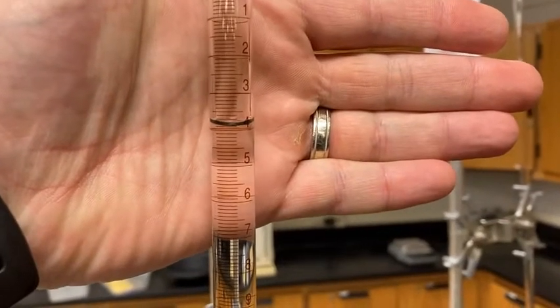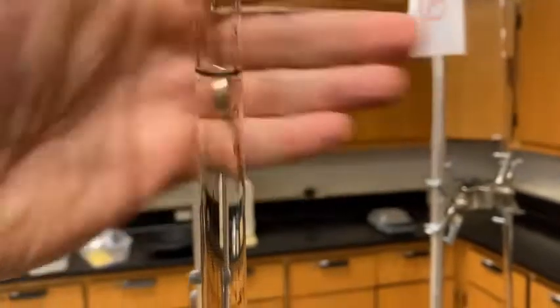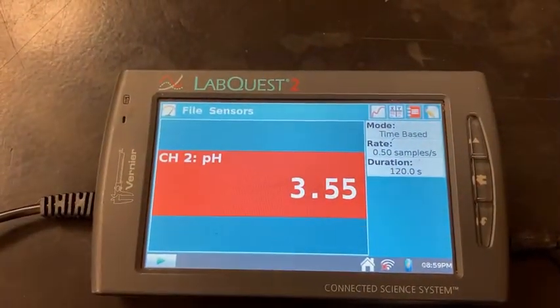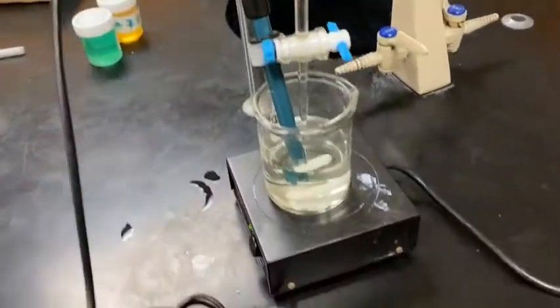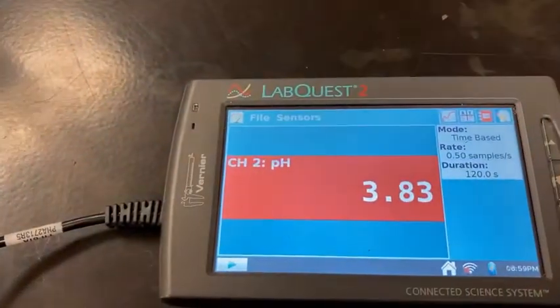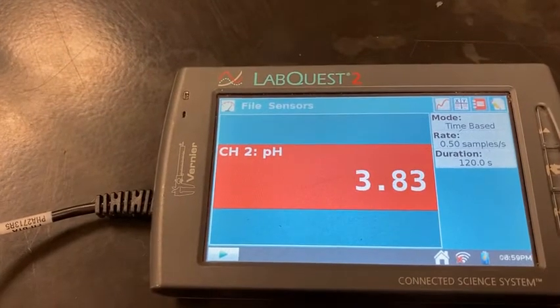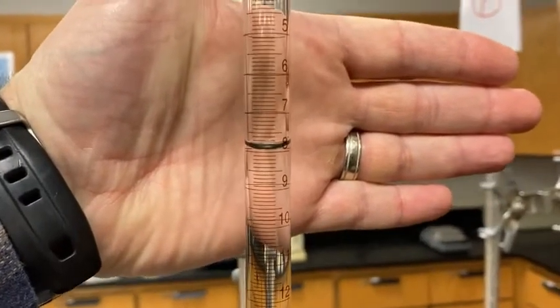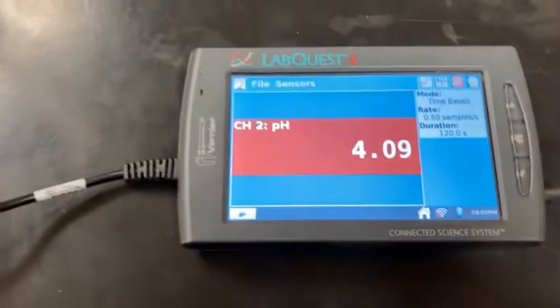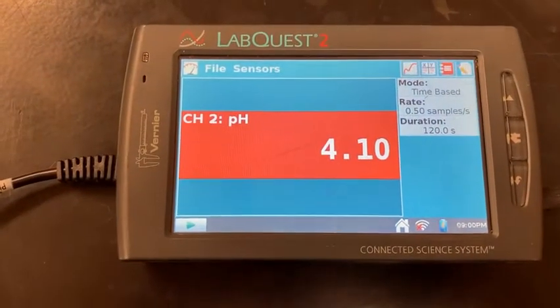Here's our next addition. Next addition. And the pH. Next addition. And the resulting pH.